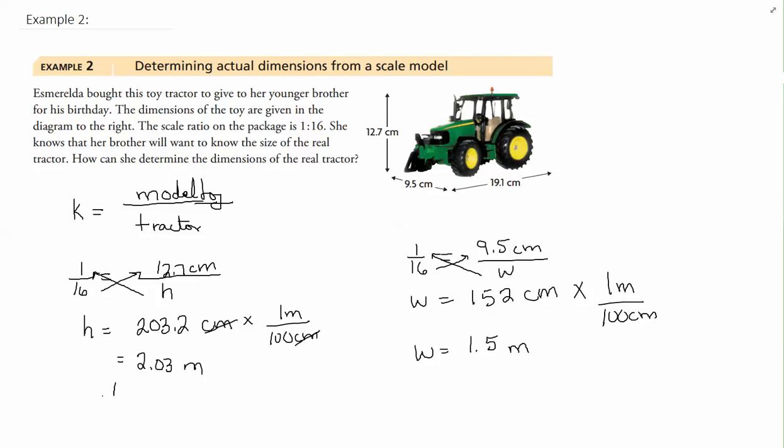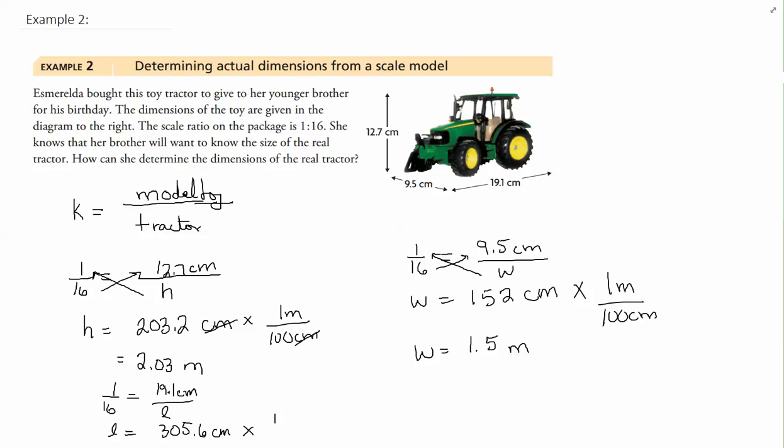Again, it's 1 over 16, our scale factor, times the length on the model, which is 19.1 centimeters, over the length on the tractor. We cross multiply, and the length is 16 times 19.1, and we get 305.6 centimeters.